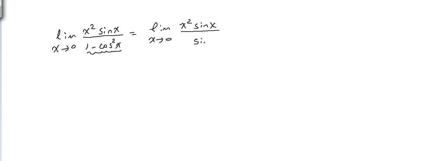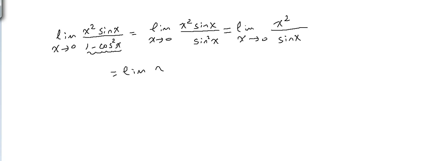It's sine squared x, because sine squared x plus cosine squared x equals 1. This is equal to the limit as x approaches 0 of x squared over sine x, by simplifying sine x over sine x, right? Which is equal to the limit of x as x approaches 0 times the limit of x over sine x as x approaches 0.